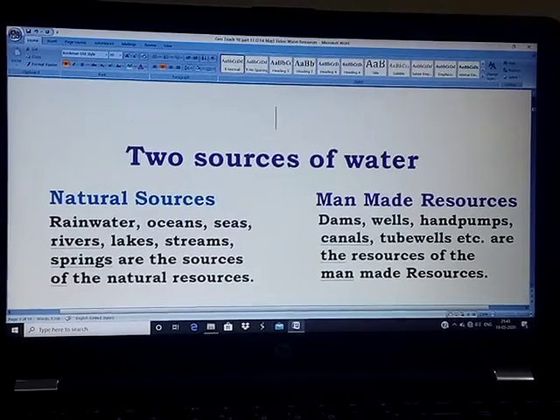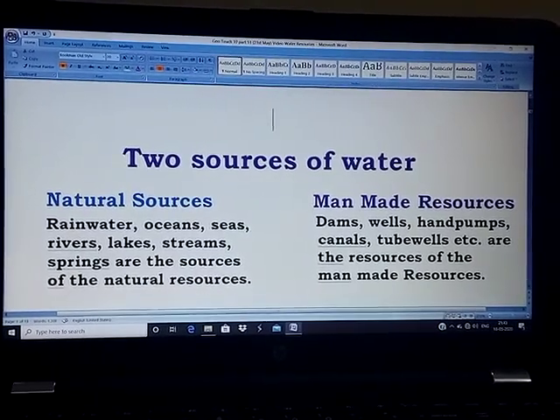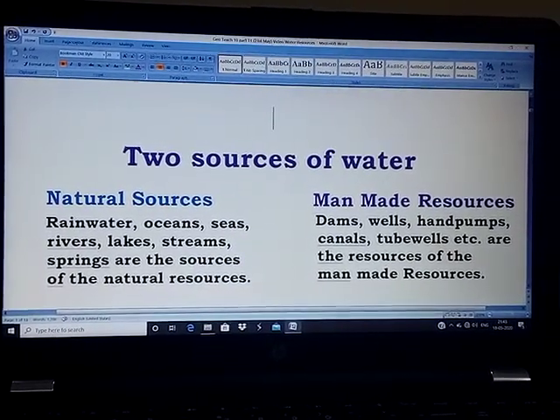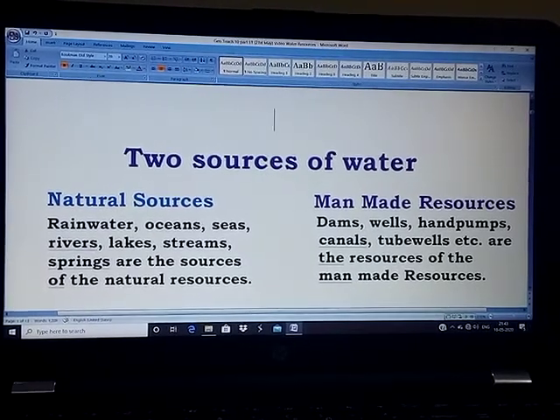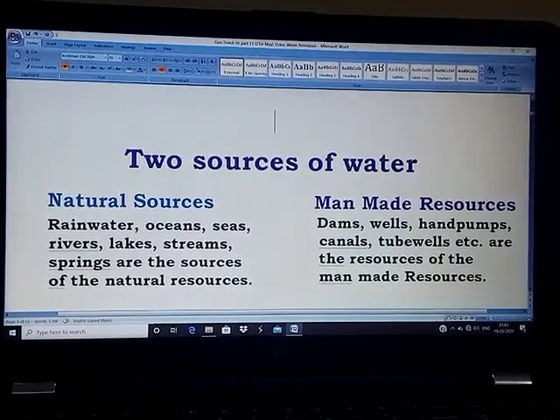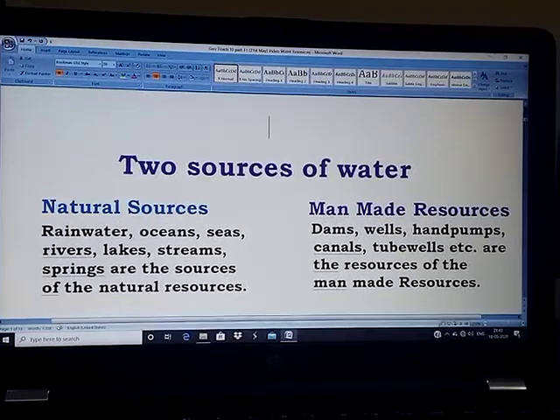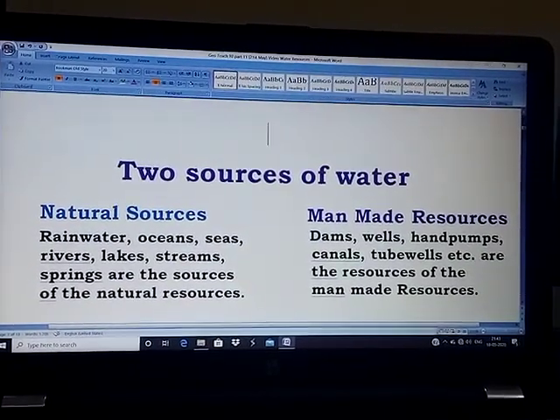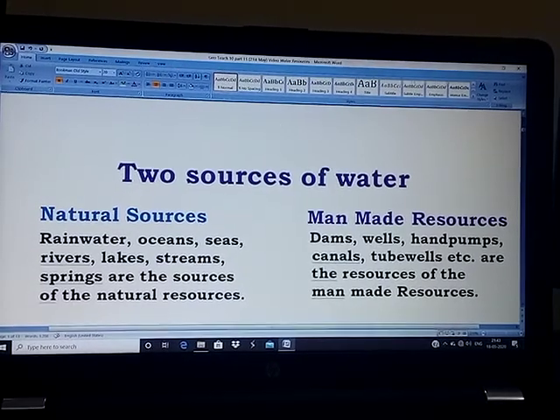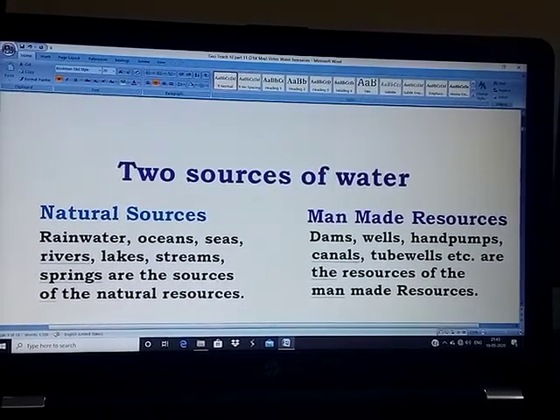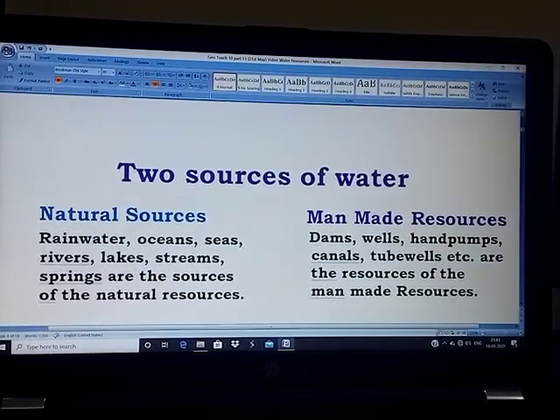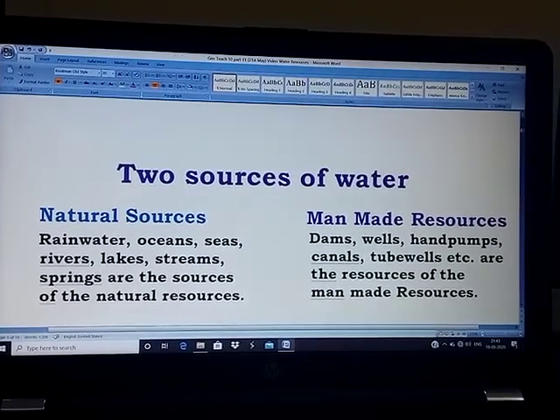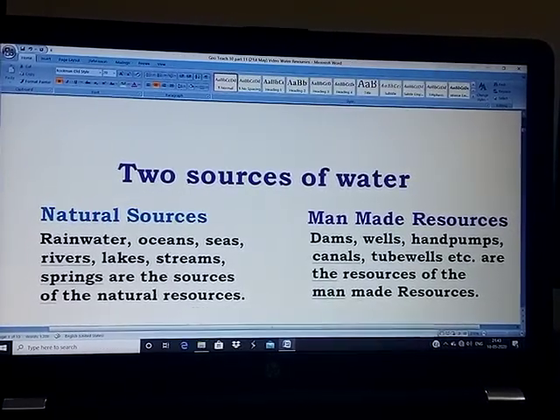Now there are two sources of water. One is natural, the other one is man-made. The natural water resources are the rainwater, the oceans, the seas, the rivers, the lakes, streams, springs. These are the sources of natural water. Man-made resources are the dams, the wells, the hand pumps, canals, tube wells.